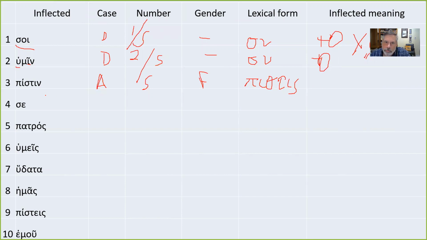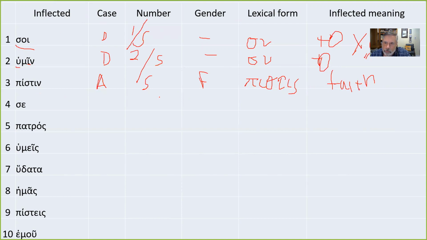Pistis, and its inflected meaning, of course, is going to be in its function in the accusative, so it's just going to be faith or belief, depending on the context. Okay, se, as we just saw, is in the accusative case.